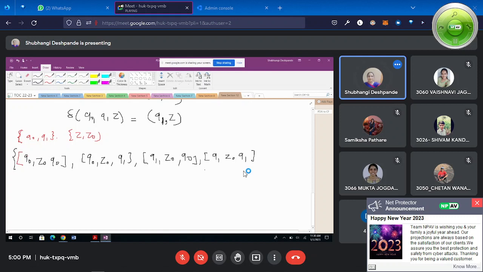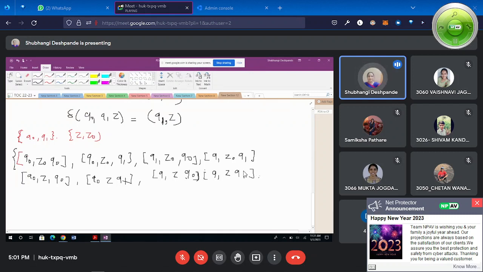Now this is for Z0. Now there are two stack symbols, one is Z and one is Z0. So here for the Z again you have to write the same: Q0 Z Q0, then Q0 Z Q1, or Q1 Z Q0, and lastly Q1 Z Q1.